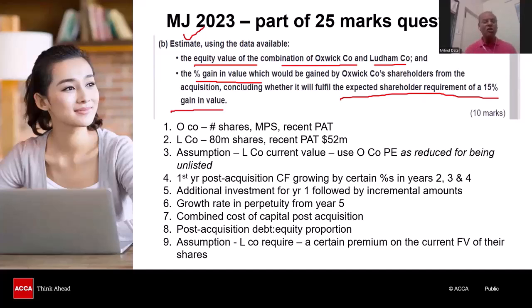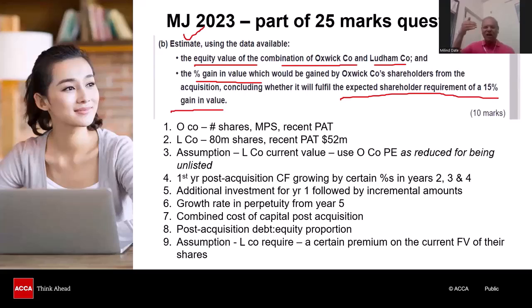And the logic of percentage gain in value would definitely be that the extra value that each shareholder would be getting will be divided by the current equity value before the acquisition. And then I will try and see if for the O company, whether it's more than 15% or not.